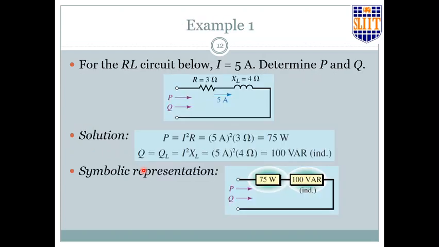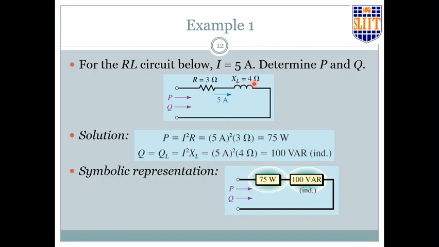Now let's take an example. In this case, we have an RL circuit. Current is 5 amperes. So we know that for this resistor we have real power, which is I squared R, which is equal to 75 watts. And for this inductor, alone, we have QL. Q is equal to QL, which is I squared XL.